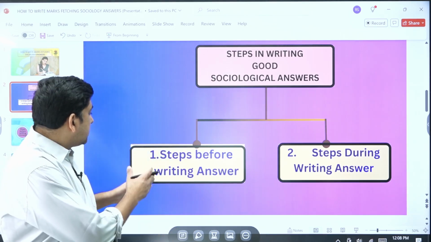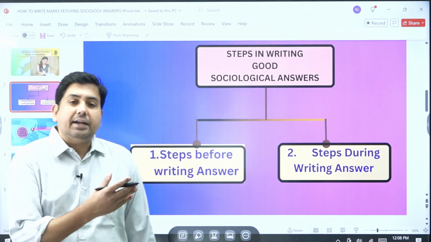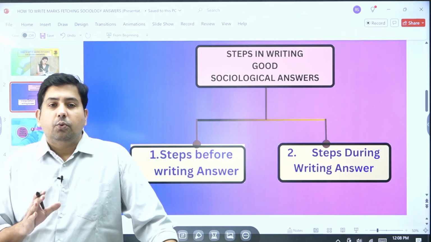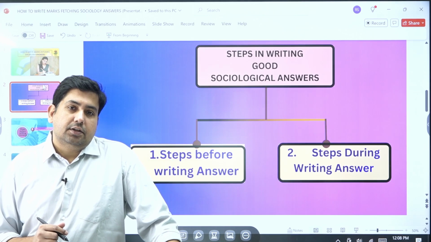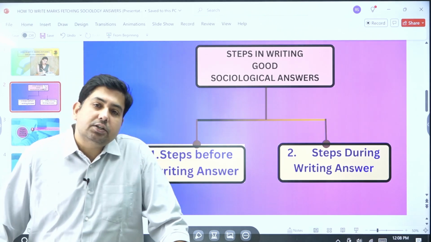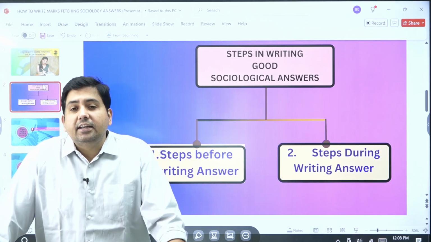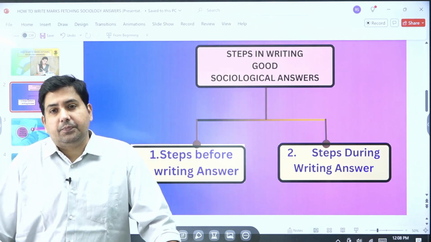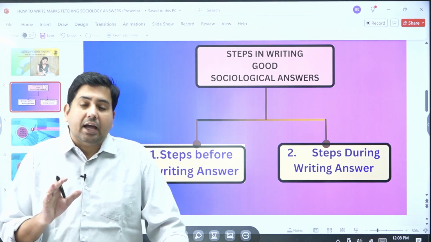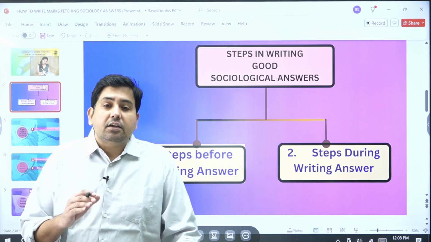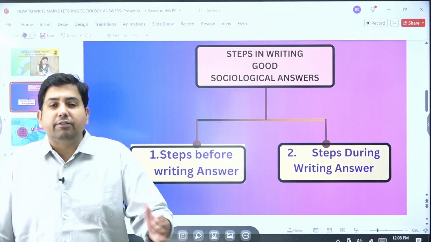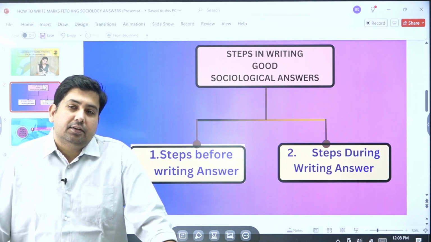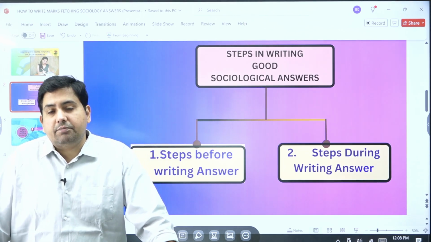Now come to the first, steps before writing the answer. See, while writing answers, the first mistake students make is that they do not understand the exact demand of the question. And therefore, they fail to fulfill the exact demand of the question. So what would be our first important step here?